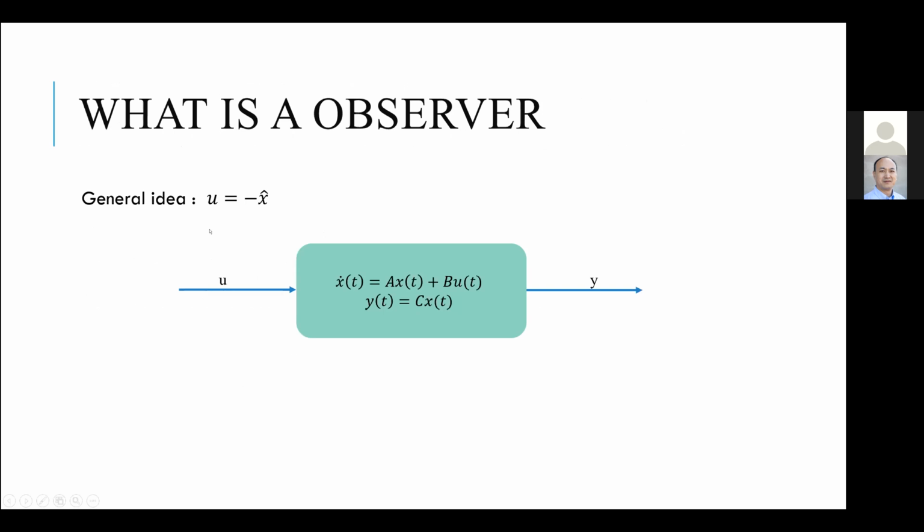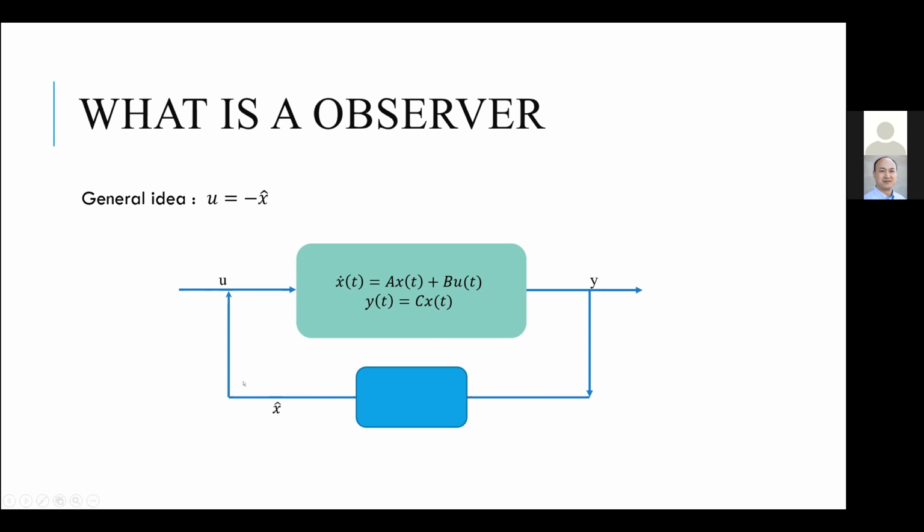Okay, so the general idea is that you want some feedback, with y as the input, and you want to feed back the estimated state, minus x hat, to the input u.